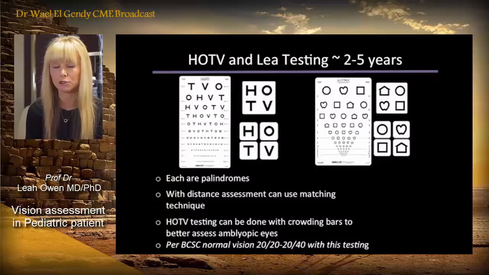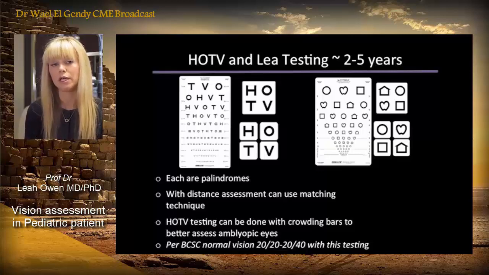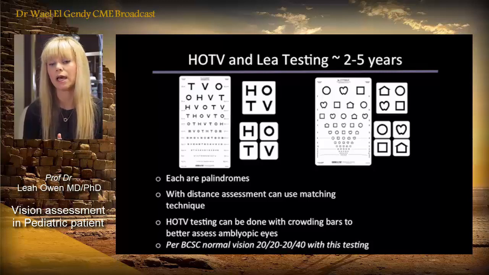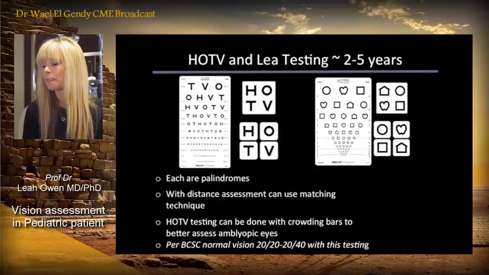And in this age range of 2 to 5 years, it is a normal developmental milestone that children could become confused at working out right and left aspects of an image. And so this just takes that out of the equation completely. And therefore, I think it's a little bit more reliable way to test vision in this age range.